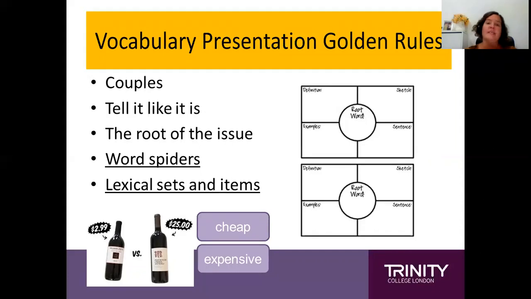So this is what I was saying before. You can have couples of words because they are synonyms, or because they are antonyms, or simply because they are related somehow. All right. So I can have a mixture of words, and I can put together carrot and potato because they are vegetables, and I can put together brother and sister because they are members of a family. Not necessarily do they need to be synonyms or antonyms, all right?